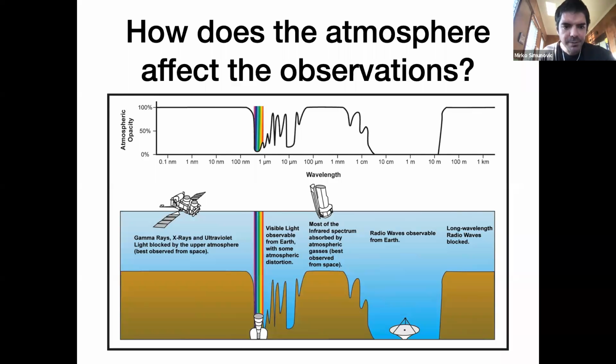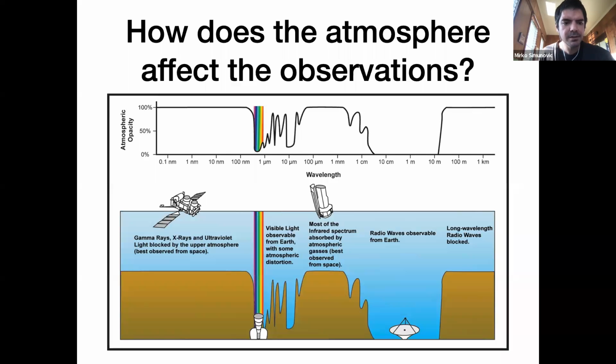Around the middle, you have the optical window, right? Which is, you see those colors. And to the right of the optical, you have the near infrared window, which is roughly between 1 micrometer and maybe 5 micrometers. So that's the window of near infrared observations. You have also far infrared and radio waves as you go further right.